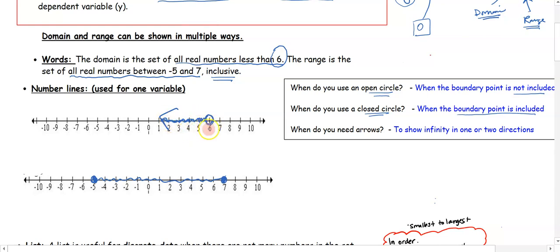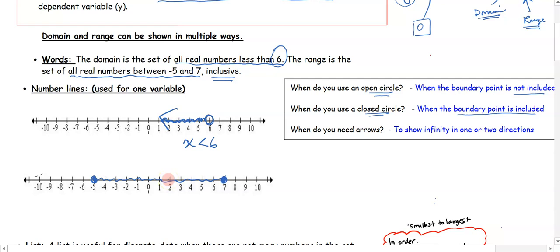All numbers less than 6. If it was domain, you would say all of my x numbers less than 6. If I wanted to write between -5 and 7, I have to have a way to show that it's bigger than -5 and at the same time smaller than 7.